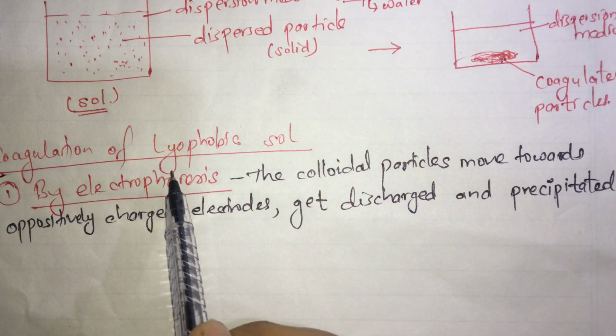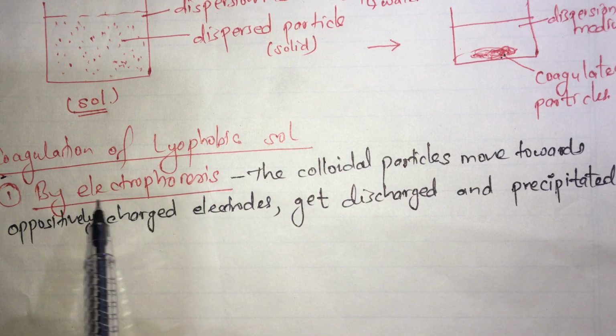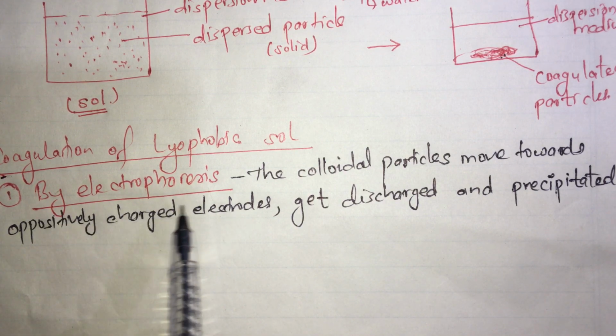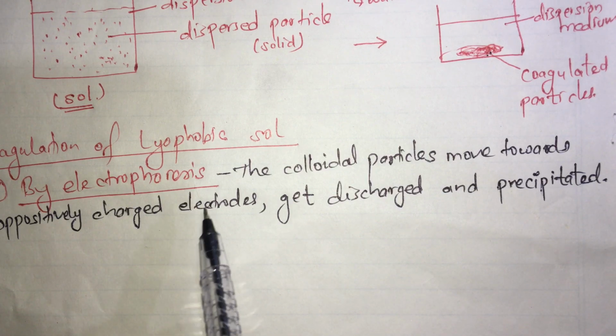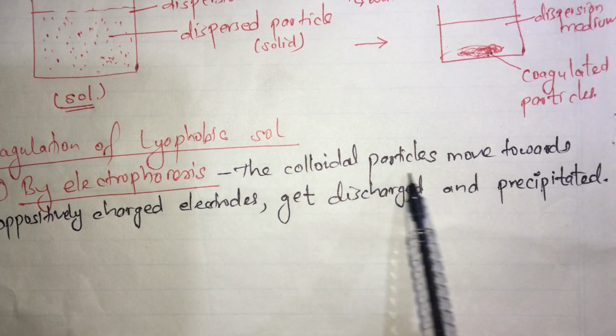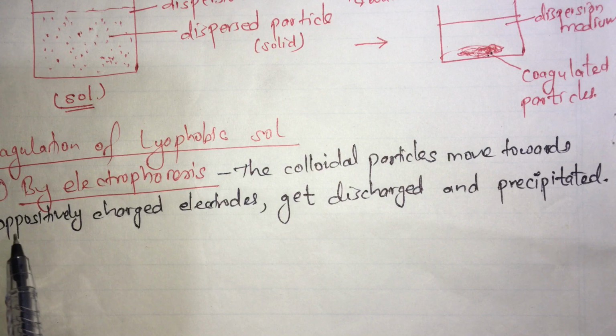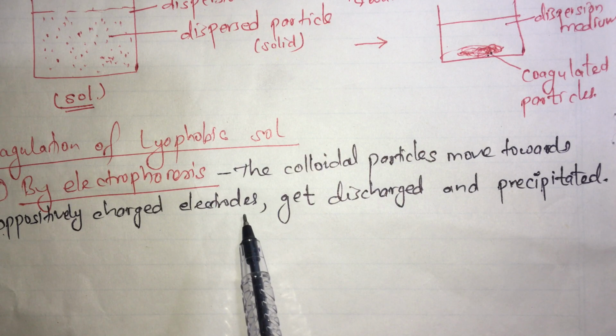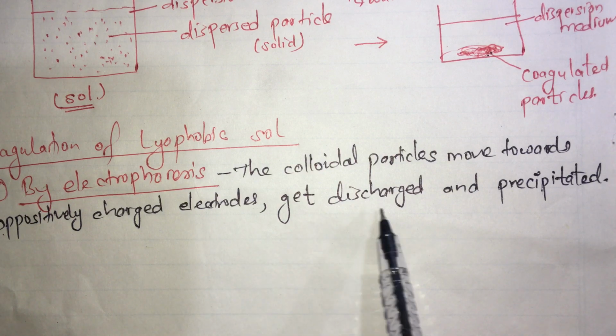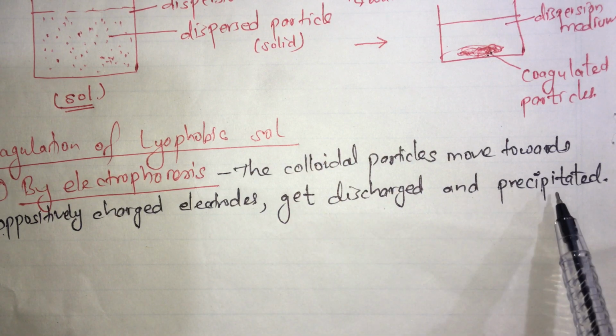The colloidal particles of lyophobic sol can be precipitated by the electrophoresis process. In electrophoresis, the colloidal particles move towards oppositely charged electrodes. As we know, colloidal particles are charged, either positive or negative. So they get discharged and precipitated.